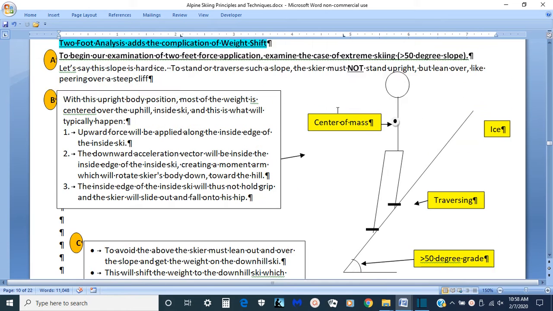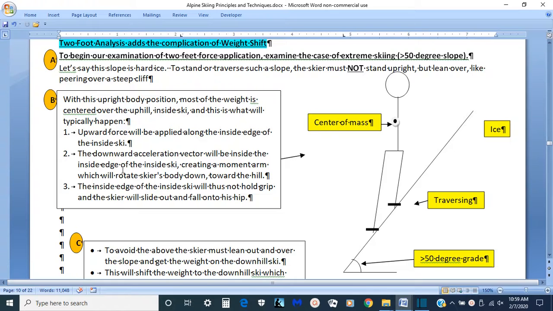So let's examine why. With this upright body position, most of the weight is centered on the uphill ski, the inside ski. And this is what will typically happen. If you're standing upright, most of your weight is going to be centered on the inside ski. The upward force will be applied along the inside edge, right here.